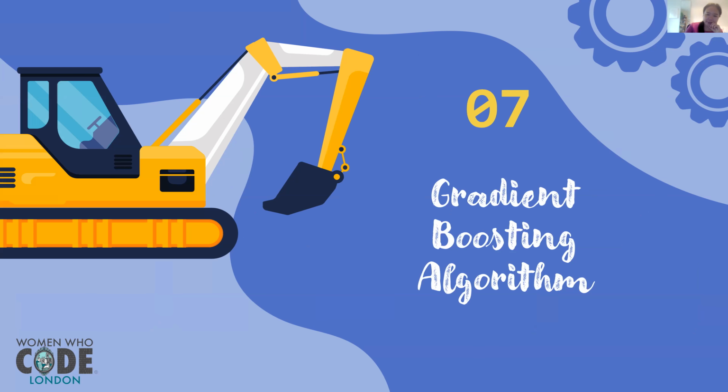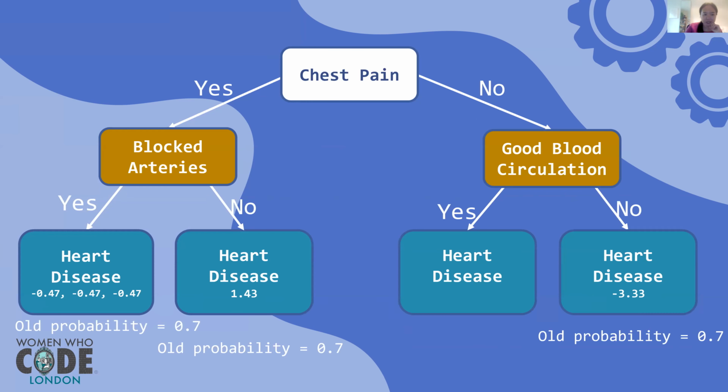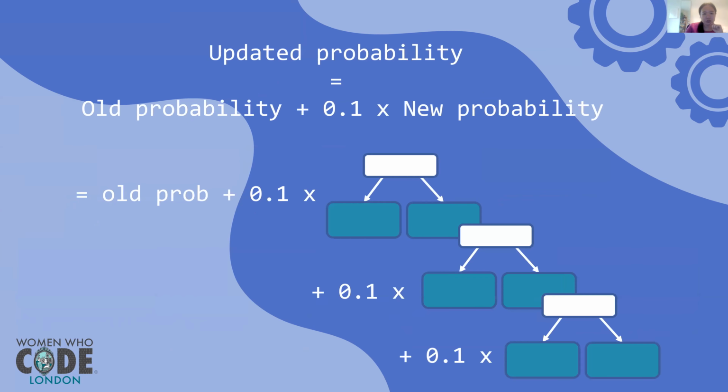So what is the gradient boosting algorithm? It is based on the decision tree. Basically, what we're getting is a probability of whether it gets heart disease or not. In each iteration, it updates the probability to give a kind of gradient improvement.